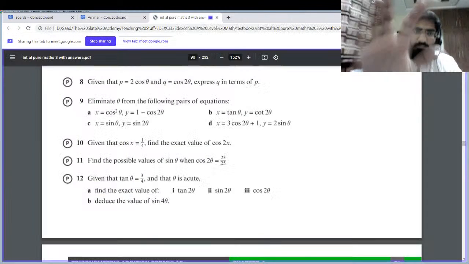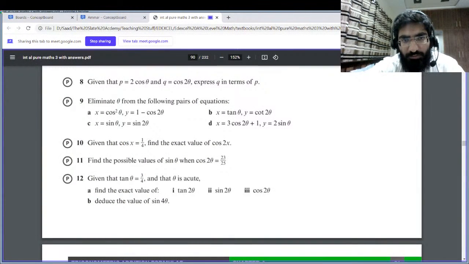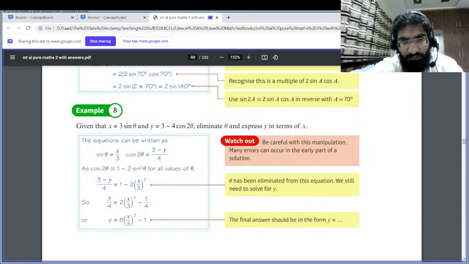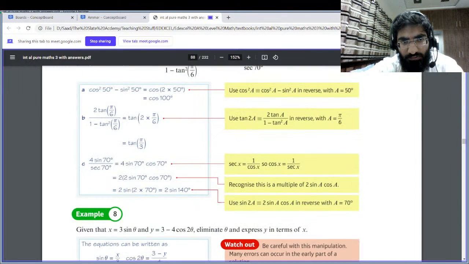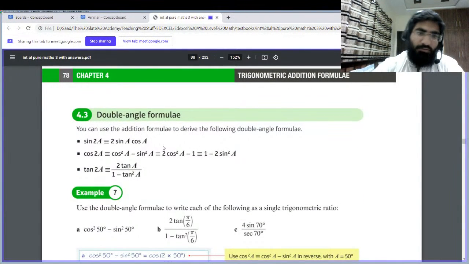Which one would I use? I have to express it in the form of 2 cos theta. I won't have to do it with cos square, sine square, because then that will be 1. So I have to do 2 cos squared A minus 1.